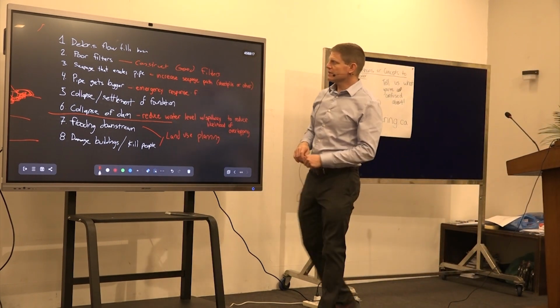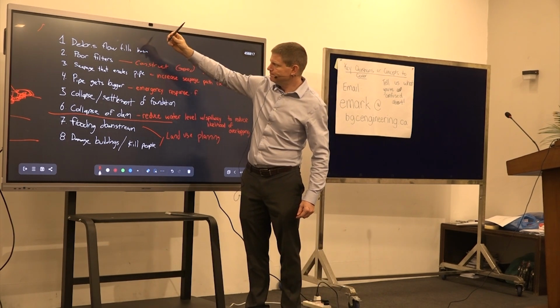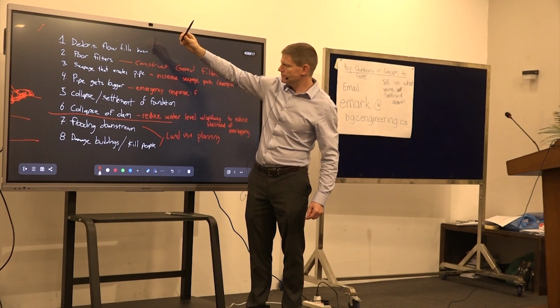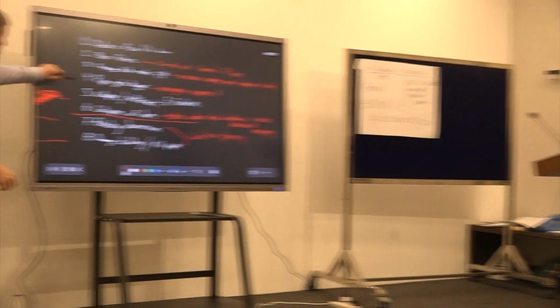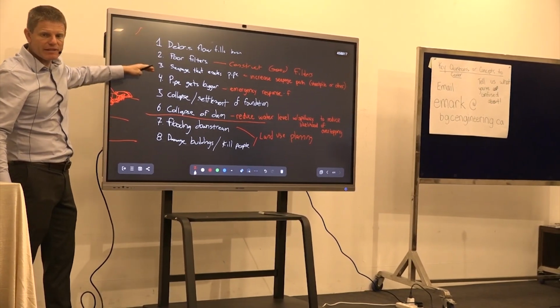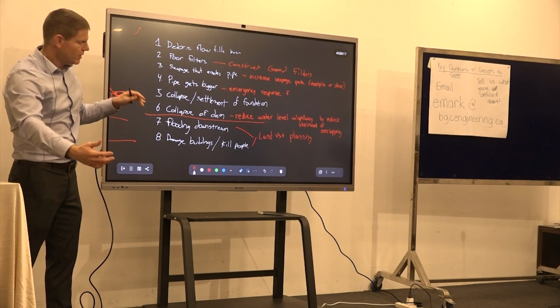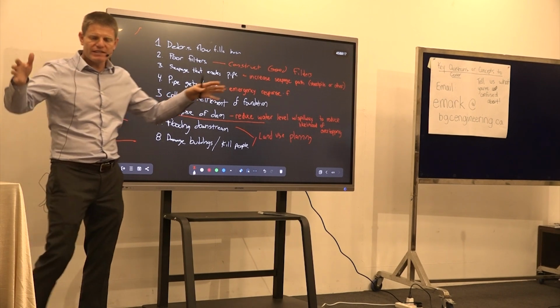With your groups, let's talk about what are the factors that make... So you could do this for each of the steps in the chain of failure modes, but let's talk about the collapse of the dam itself. So think about the design of this dam.